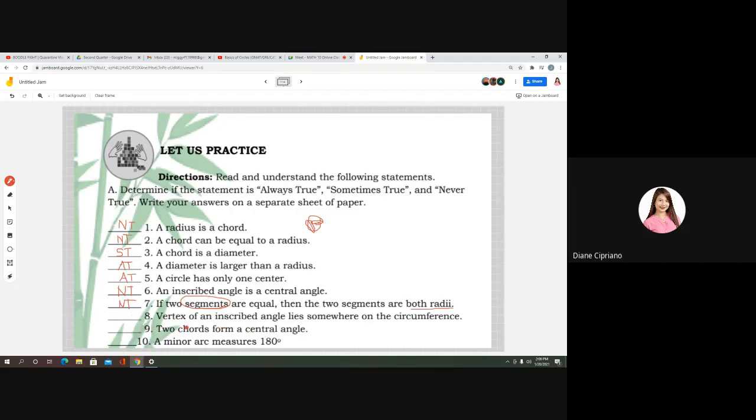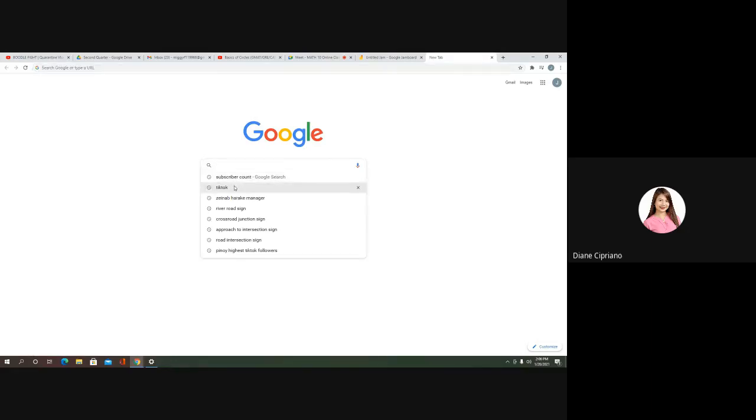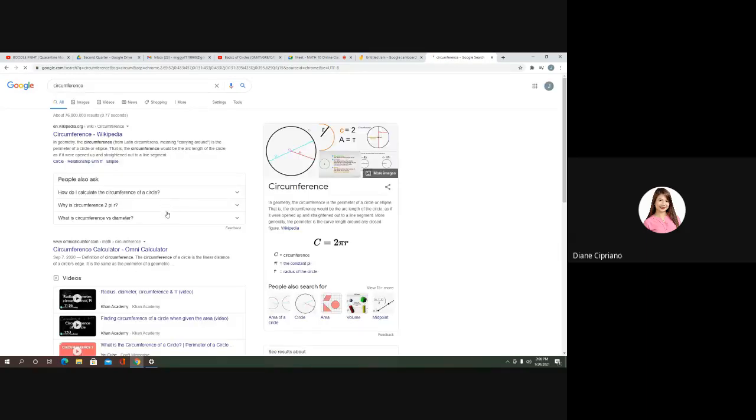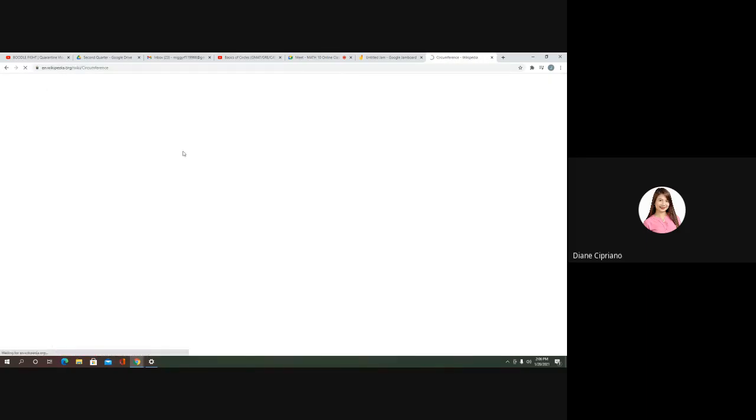How about number 8? Vertex of an inscribed angle lies somewhere on the circumference. Ano ba yung circumference? Let's search. Tignan natin, para lahat tayo ay magkaroon ng hint kung ano ba yung magiging final answer nyo.